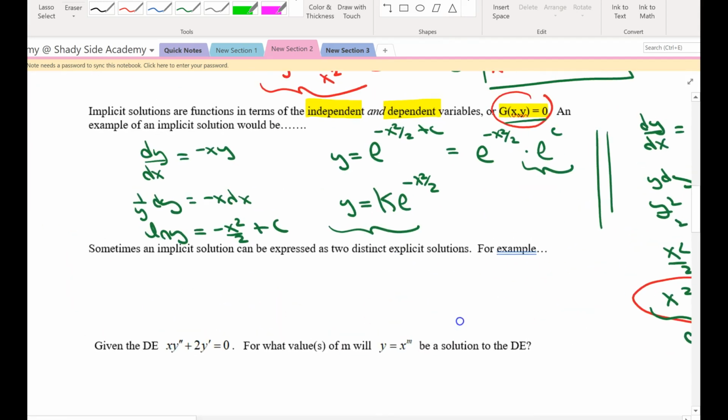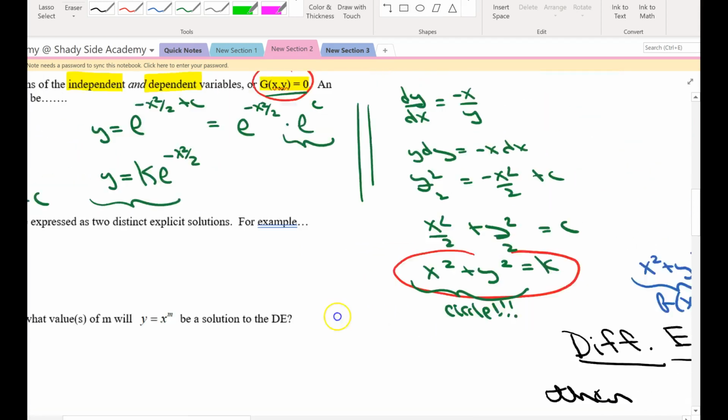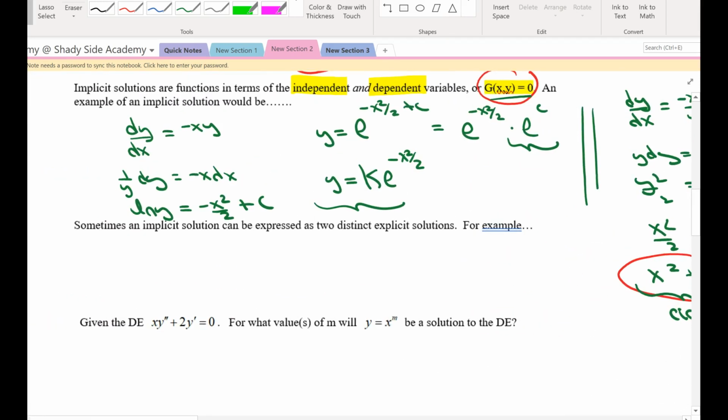Okay, let's keep going. I write here, sometimes an implicit solution can be expressed as 2 distinct explicit solutions. For example, we might as well use our example right here. If we have x squared plus y squared equals k, as luck would have it, this implicit solution, because of the nature of the terms we have here, I could express as 2 distinct explicit solutions.